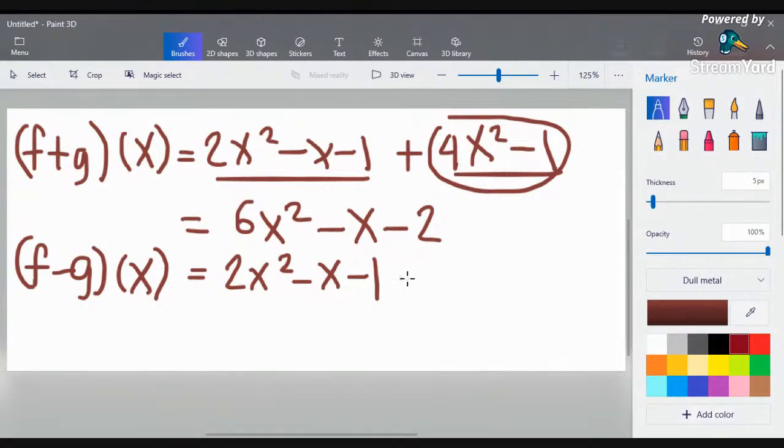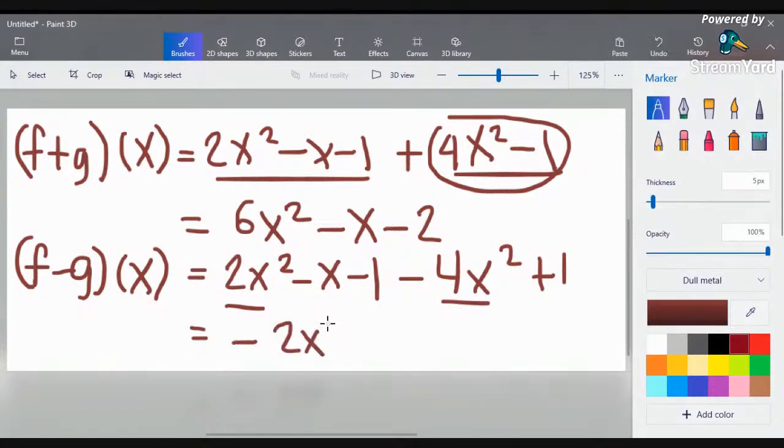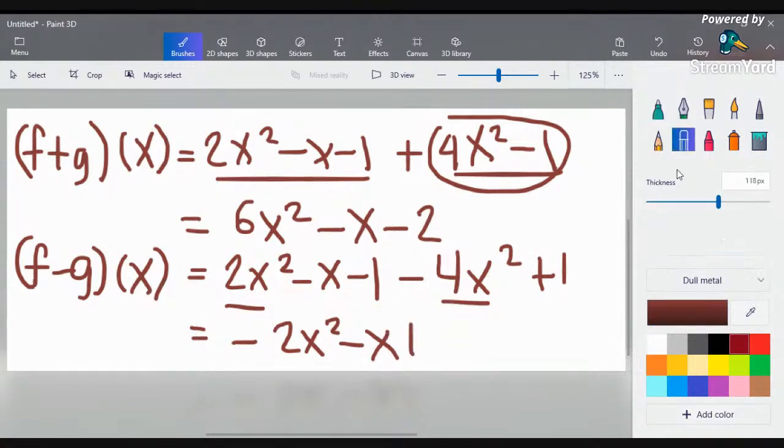Your positive 4x squared will be negative 4x squared, and your negative 1 will be positive 1. That will become 2x squared minus 4x squared is negative 2x squared minus x and plus 0. Okay, since it is 0, we don't have to solve it again. Okay, so the final answer will be negative 2x squared minus x.